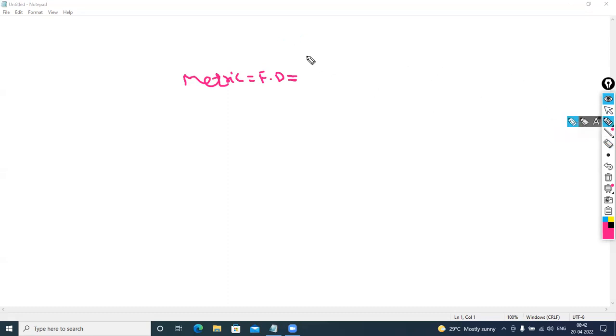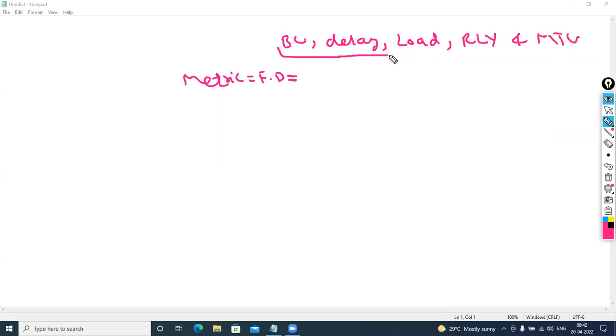Sorry, we will not call them metrics, we will call them attributes. So we have bandwidth, delay, load, reliability, and MTU. In order to find the best path, it will use all these attributes to select the best path. Now the formula, how it calculates the best path.